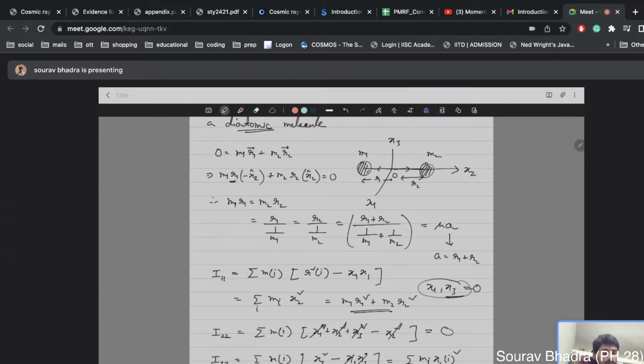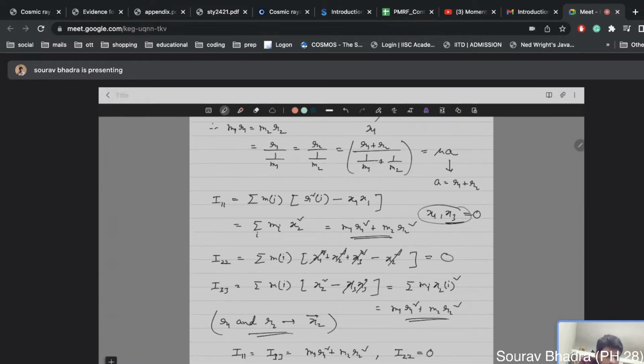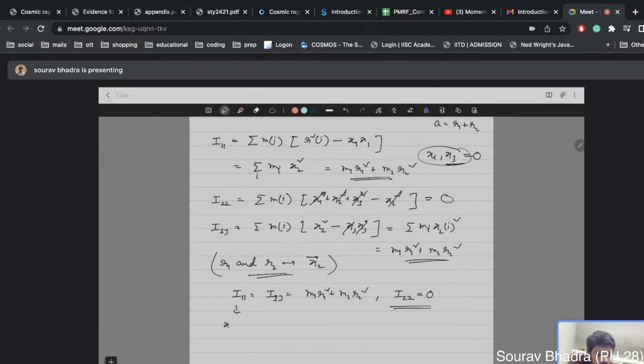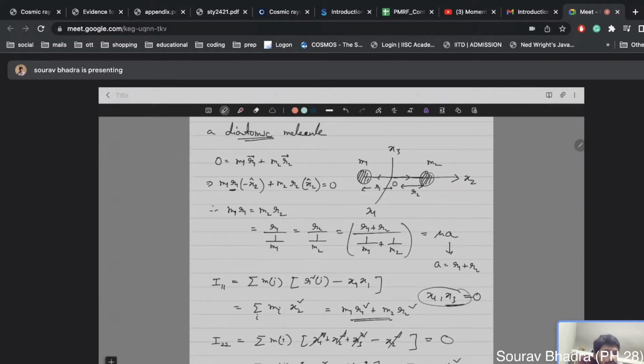That will give you non-zero moment of inertia along the x1 and x3 coordinates, that means I11 and I33. So this is along x1 and this is along x3, but along the x2 coordinate, along which your system lies, you are getting a 0 moment of inertia.